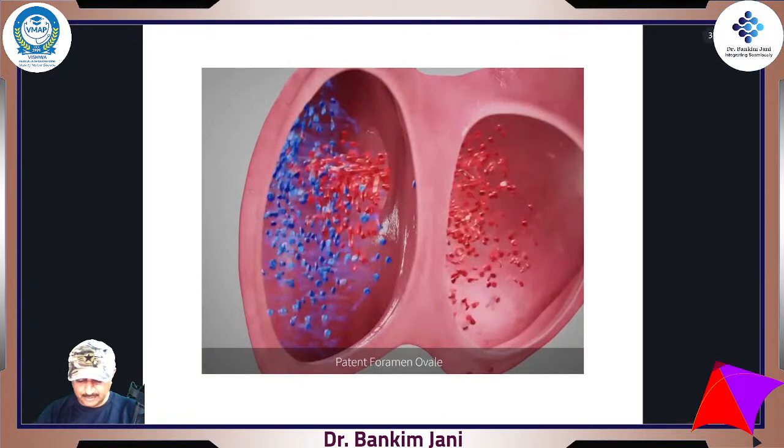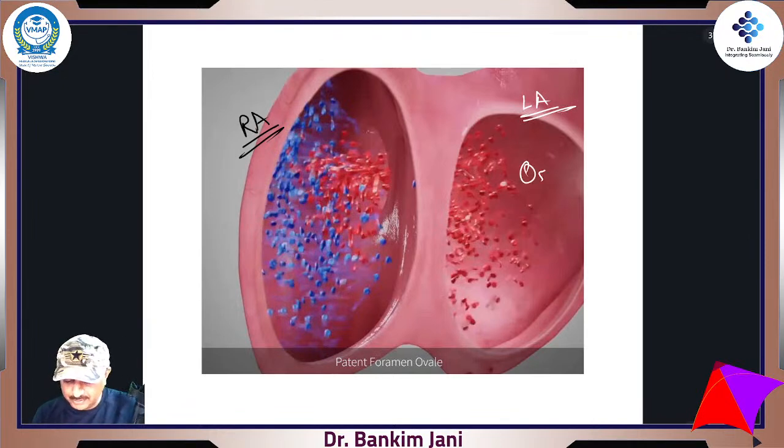If this is the condition, oh, okay, over here it is written only, right? So this one would be the right atrium, this one would be the left atrium. This is red, which means oxygenated blood, this blue is deoxygenated blood, but this blood is getting mixed, right? So over here it is coming via this small opening, from here. So what are we looking at?